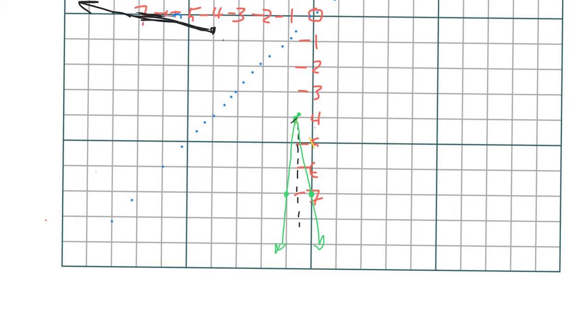And by the way, it goes on forever, right? Half of a parabola, it looks like, right? Half of a parabola. We got rid of this part. Well, that means that we would have to get rid of this part right here, okay? Because if we reflected this piece across, it would end up becoming this piece.